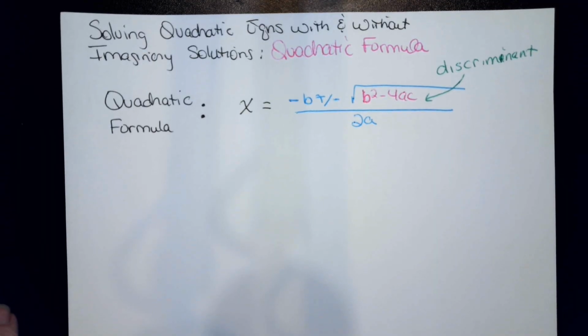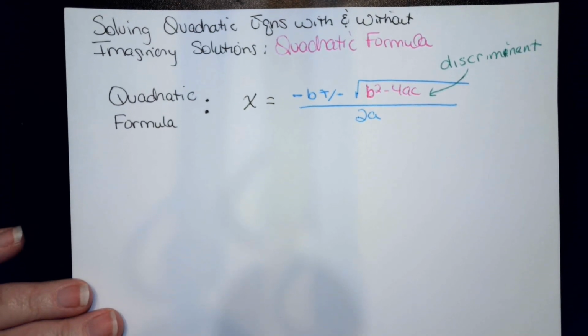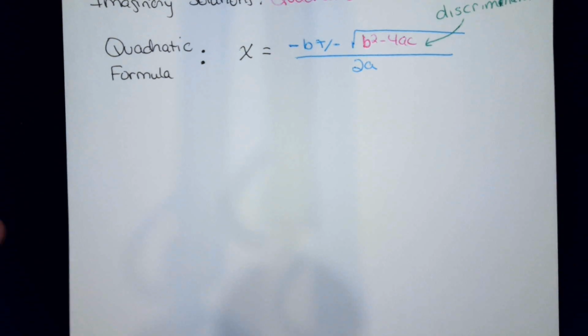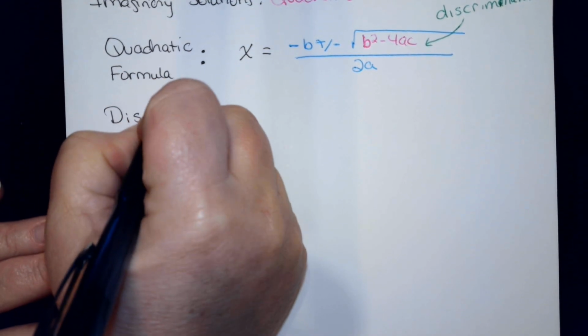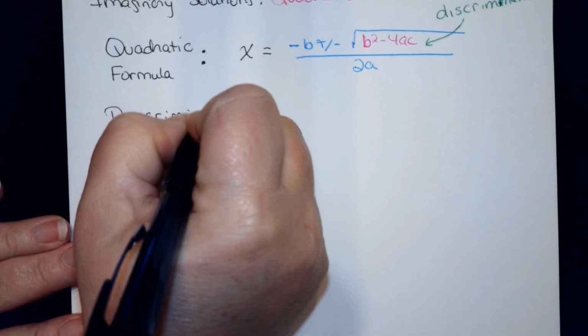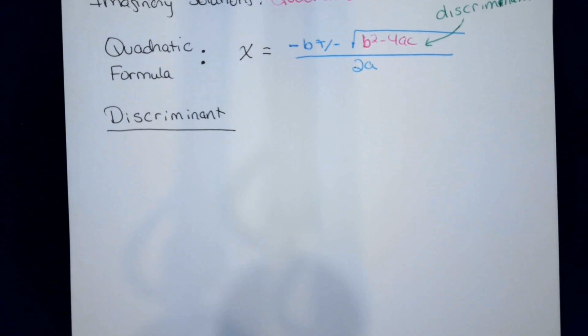Alright, that discriminant, the value of the discriminant is going to allow us to tell the number and type of solutions that we end up with. So let's go back and review a little bit of notes way back from Math 2. Alright, our discriminant.